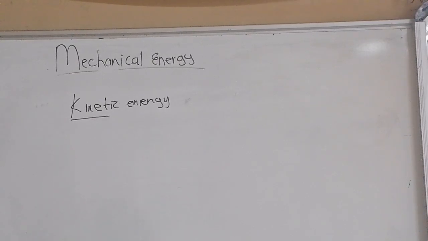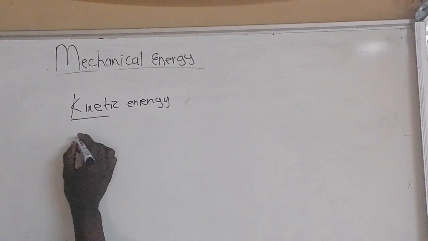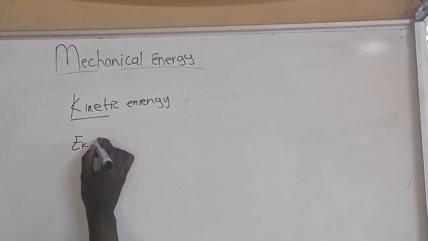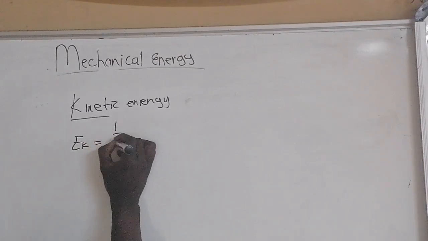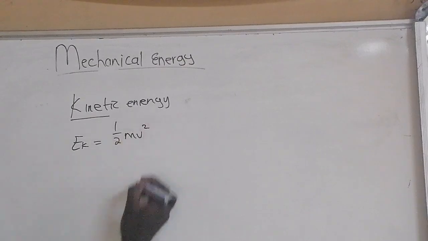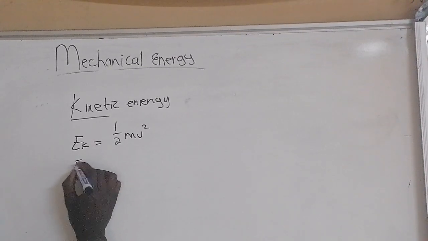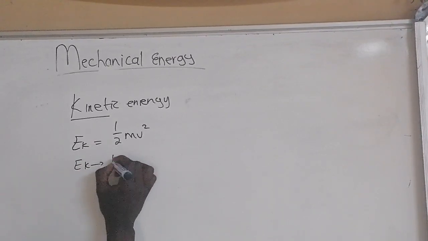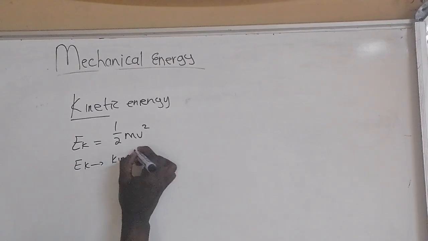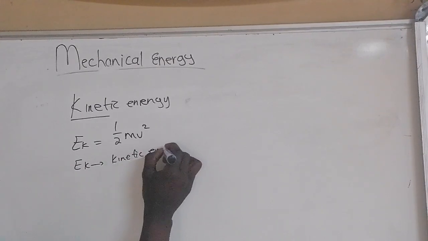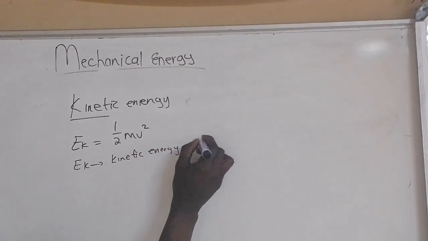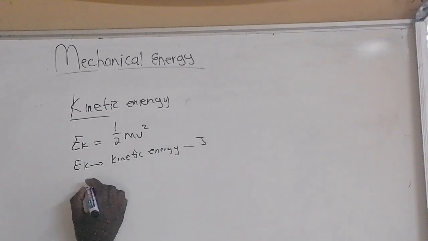Kinetic energy can be calculated as we were doing with the potential energy. This is the formula for calculating kinetic energy. EK is the kinetic energy, measured in joules.